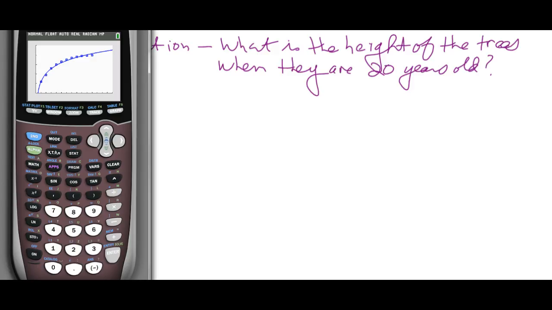I've got to put in x is 20. Now if I do that, the calculator's going to have a fit. If I just go second calc value and say 20, this is a fancy way. You'd think it would know to expand its window on its own, but it's not that smart. So we've got to go to window and expand that. Let's just say we go up to 25 and hit graph again.